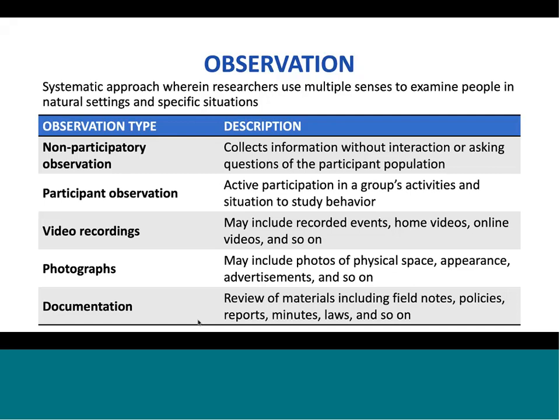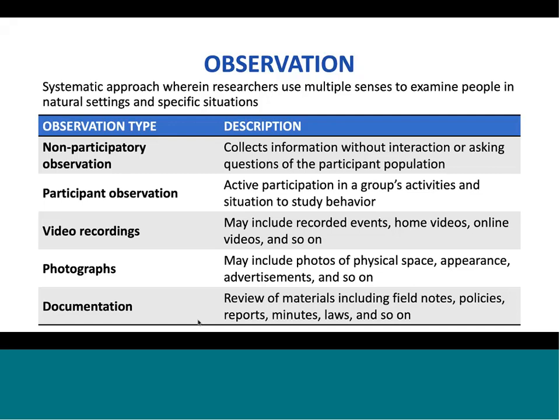The goal is to remain not bringing attention, and you're not actively participating. In contrast to that is participant observation, and this is where the researcher or researchers actively engage with a group or group's activities and the situation related to what they're trying to study.